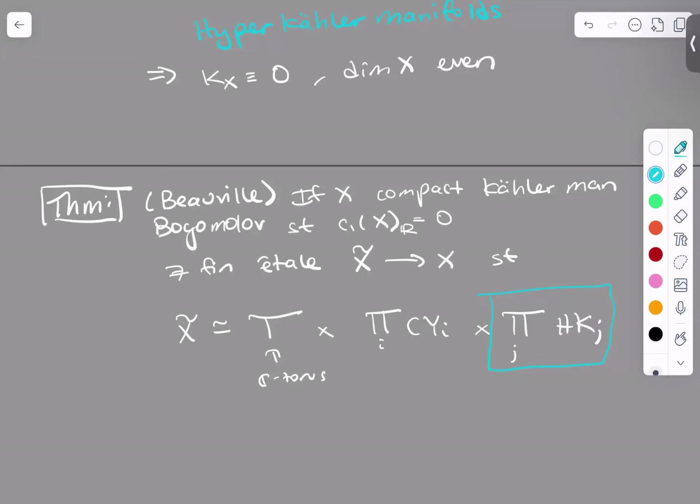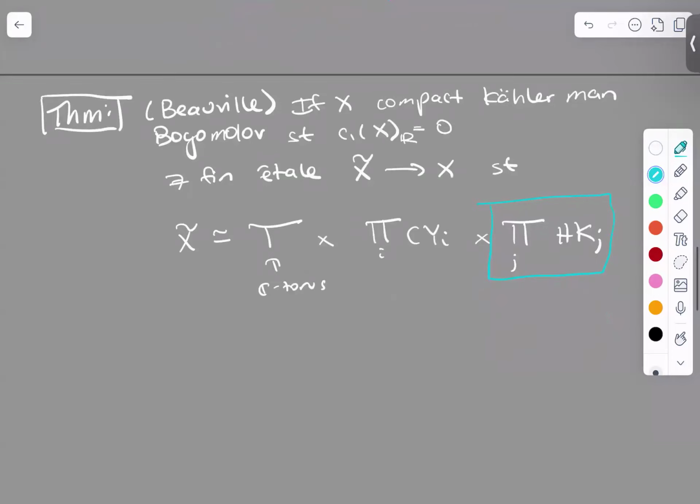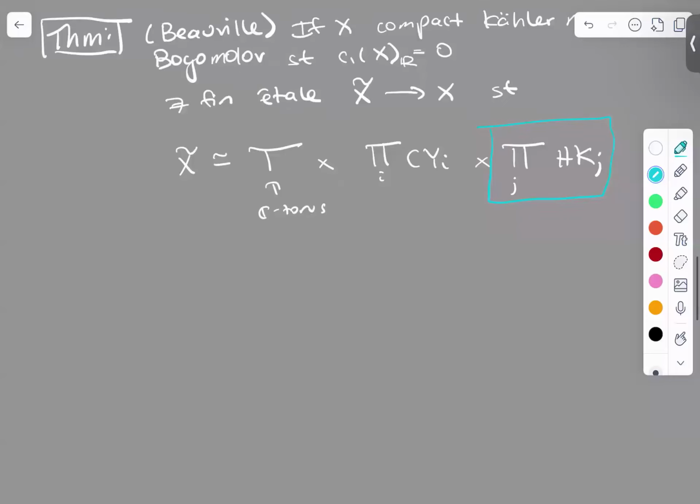But anyway, this isn't so much the subject today, but the point of introducing these hyperkähler manifolds is just to say that they in many ways behave like K3 surfaces. And that's why they are so well studied in algebraic geometry.